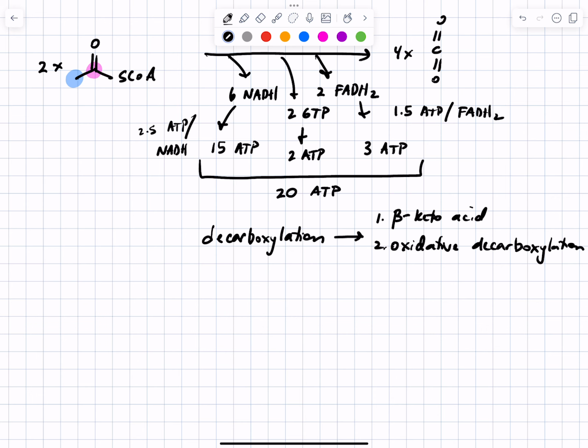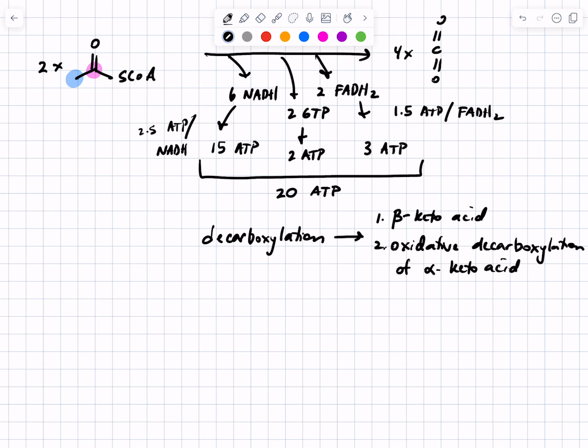We learned how to do that last time, and that was using something like the pyruvate dehydrogenase complex with TPP or thiamine pyrophosphate and lipoate as cofactors along with NADH. So along the way of the citric acid cycle, be looking for chances to make a beta keto acid or make an alpha keto acid.